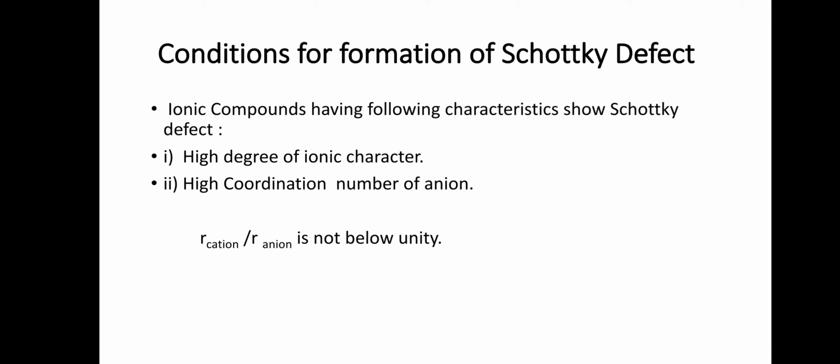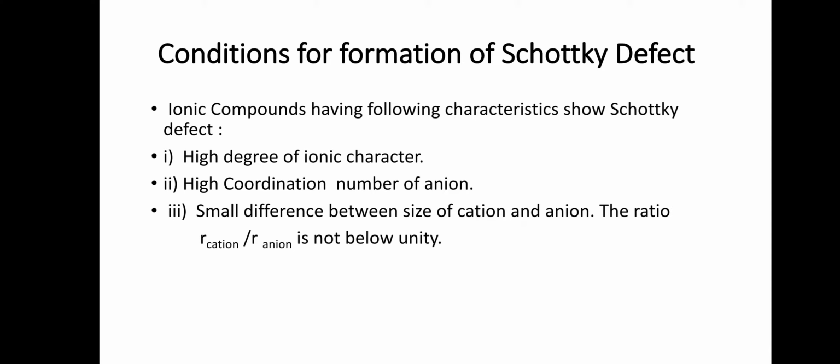As we know, the coordination number is the number of atoms in contact with an atom. Hence, if the coordination number is high for the anion, then it can show the Schottky defect. When there is a small difference between the size of a cation and an anion, the ratio of R cation by R anion is below unity.